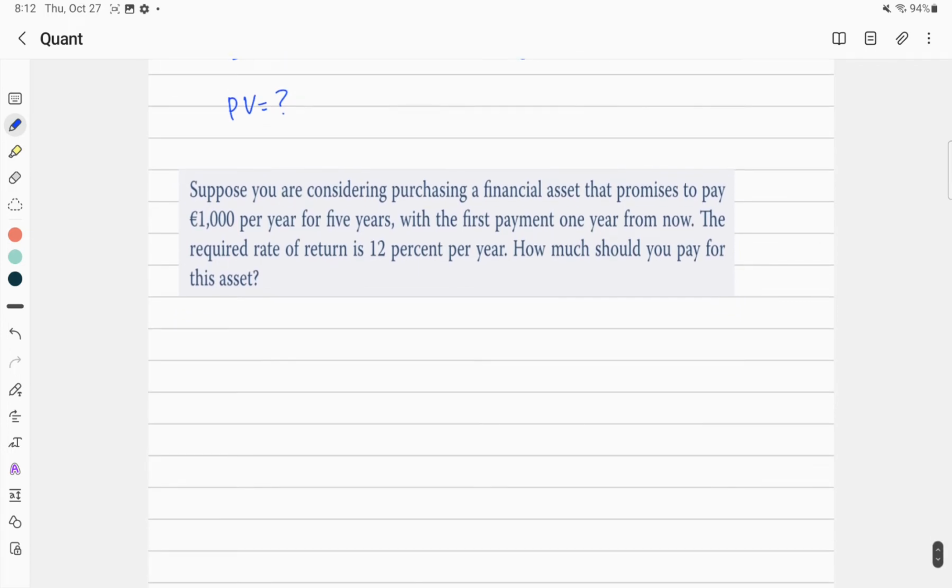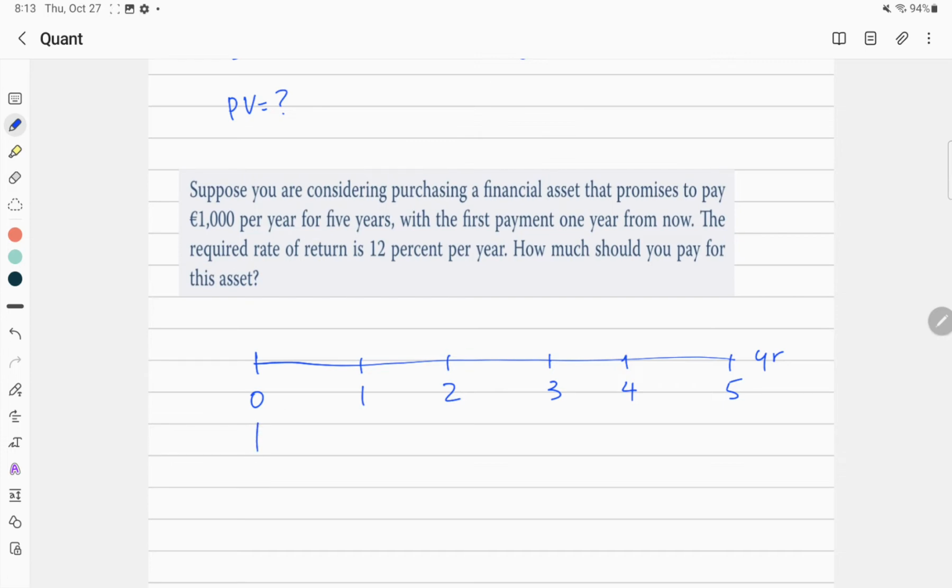As usual, let's draw a timeline to better visualize this problem. This is the timeline in years. We have year 0, end of year 1, end of year 2, end of year 3, end of year 4, end of year 5: first year, second year, third year, fourth year, fifth year, 5 years.